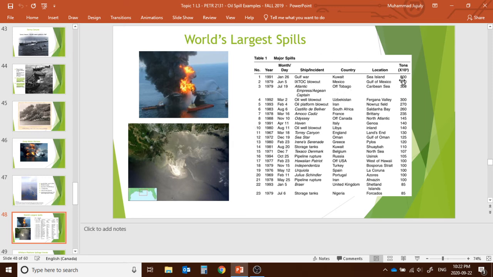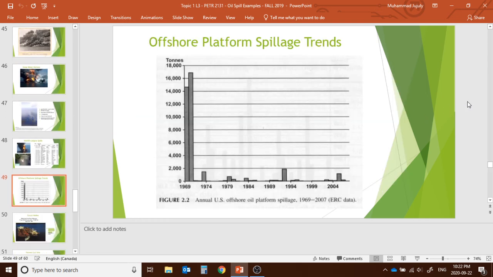Gulf War, Netherlands, let's say, got the most of the oil spills, and the IXTOC blowout in the Gulf of Mexico, Atlantic Empress in the Caribbean Sea, the Uzbekistan oil blowout in Iran. So these are the largest major spills in the world.